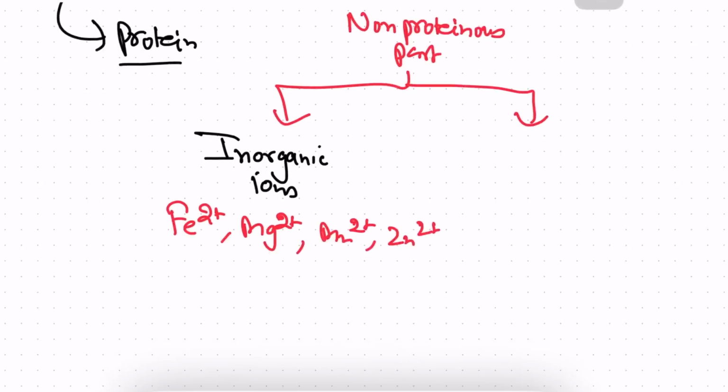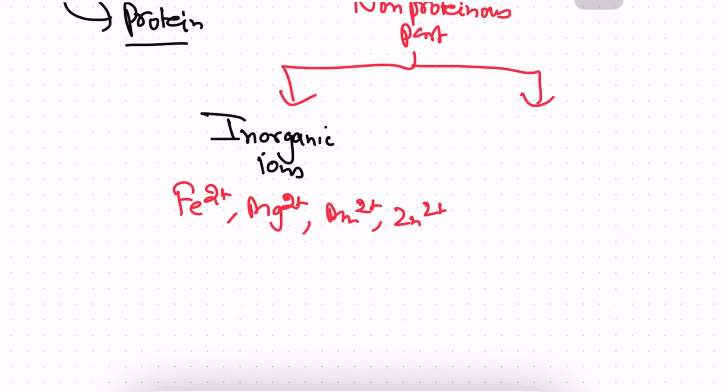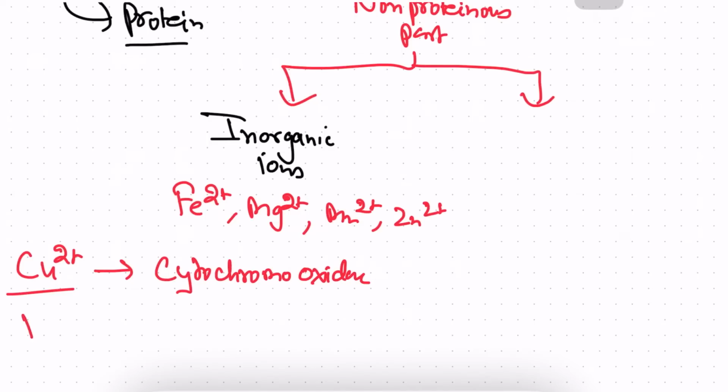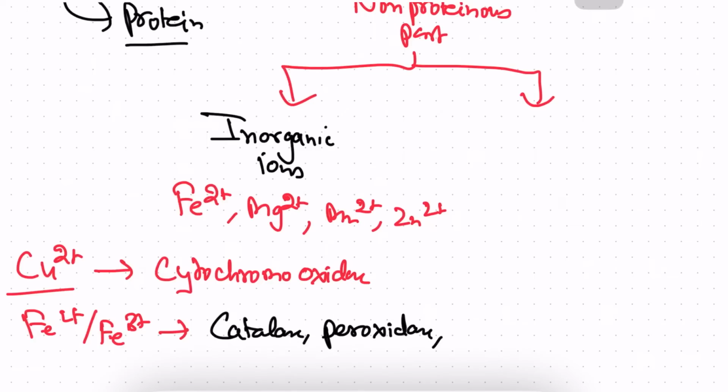Now here are some of the inorganic ions which are generally present with the enzymes. For example, copper ions are present in cytochrome oxidase. Same way, ferric ions are present in enzymes like catalase and peroxidase, and even in the case of cytochrome oxidase.